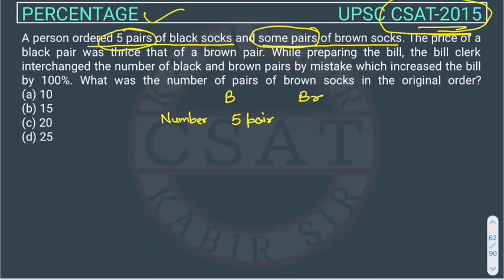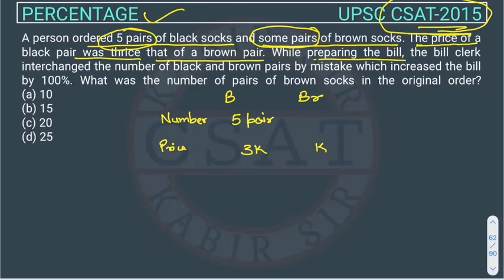The price of a black pair was thrice that of a brown pair. So suppose the price of brown is k, then it will be 3k, because it is given in the question that the price of a black pair was thrice that of a brown pair.